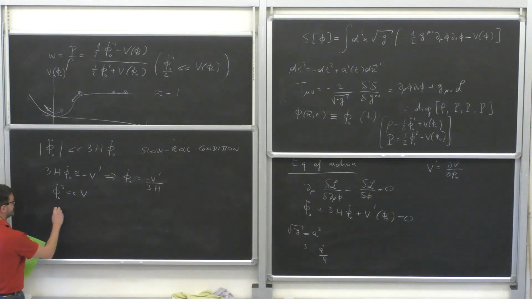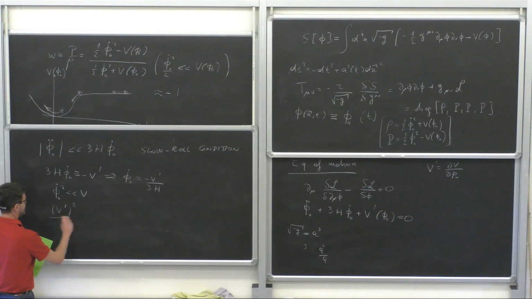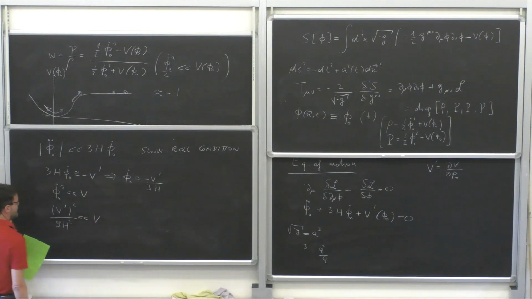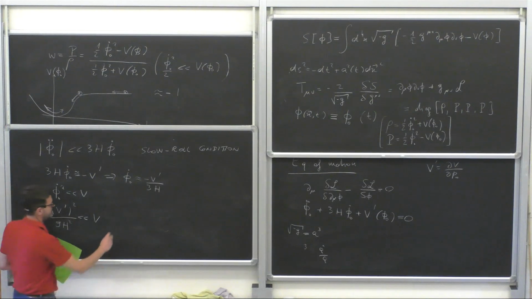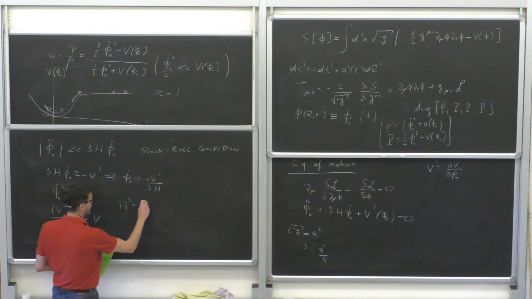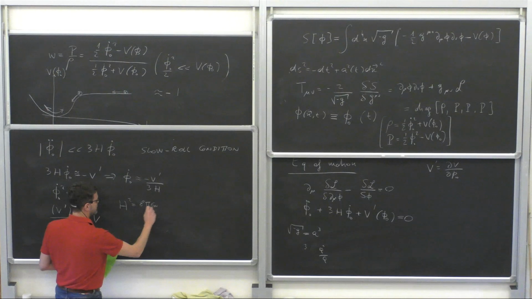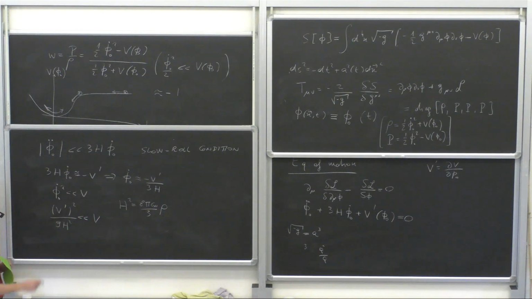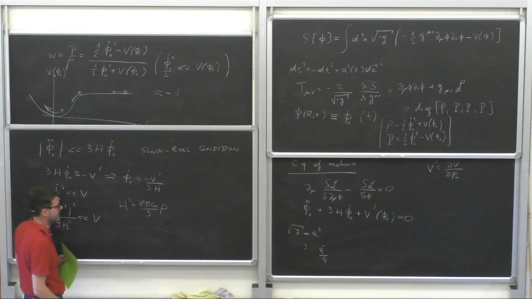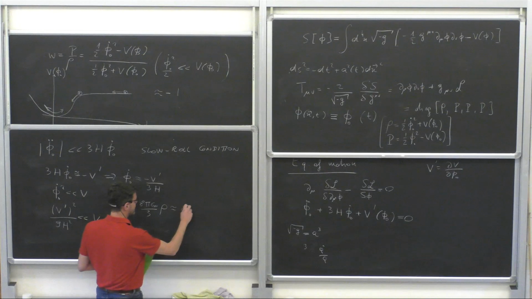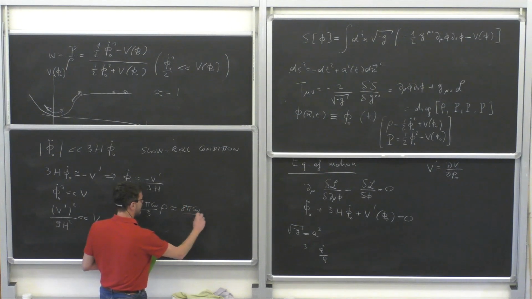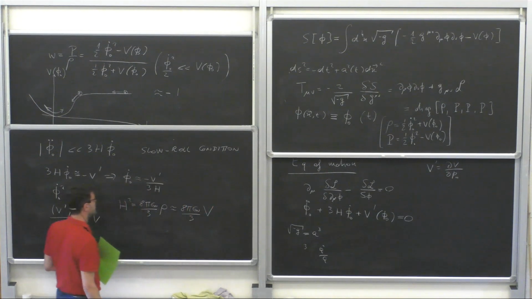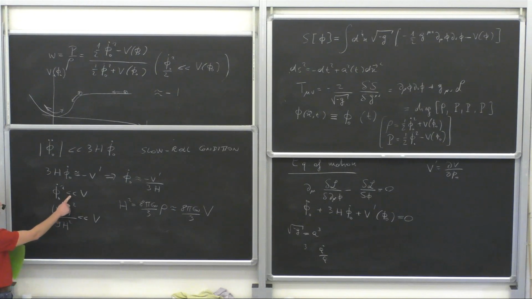So what I get is V prime squared divided by 9H squared, much smaller than V. But now the H squared, if you remember, was 8 pi G Newton divided by 3 times rho, and I neglected the curvature term because in any case during inflation the curvature term is basically going to 0, as we have seen. And this is going to be more or less 8 pi G Newton divided by 3 times V, as long as this condition is satisfied.